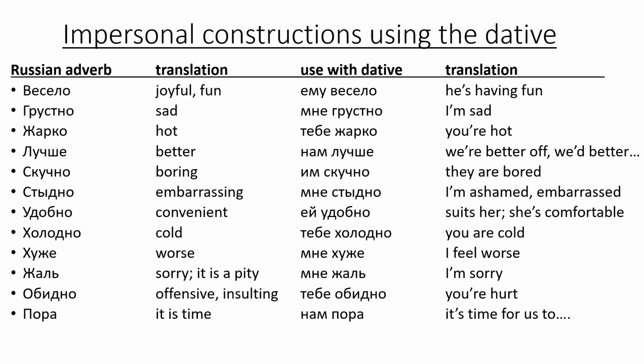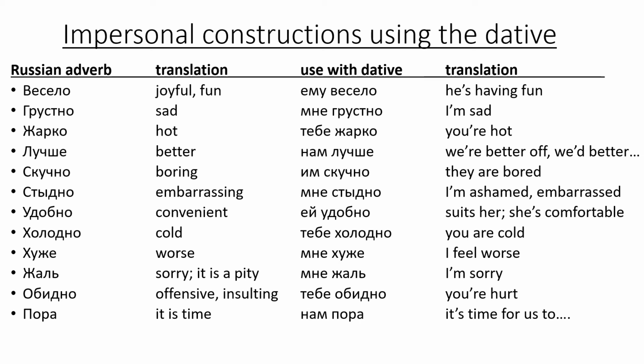So мне хуже means I feel worse or I'm worse off. Жаль can mean sorry or it is a pity, and мне жаль is a common expression for I'm sorry or I feel sorry for you. Обидно means it is offensive or insulting, but when it's used with the dative тебе обидно, it can mean you're hurt.